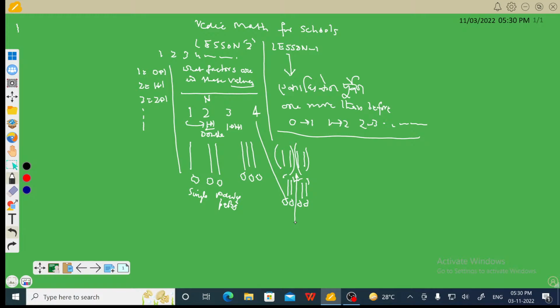When we are at 2 and we say 1 and 1 a pair, then when we make 2 groups, each group is having a single pebble. But in case of 4, we are having 2 groups, 2 parts, but each is having a pair of pebbles.